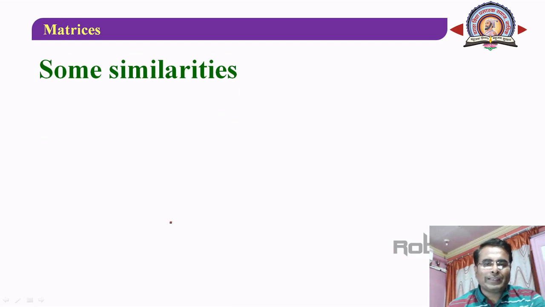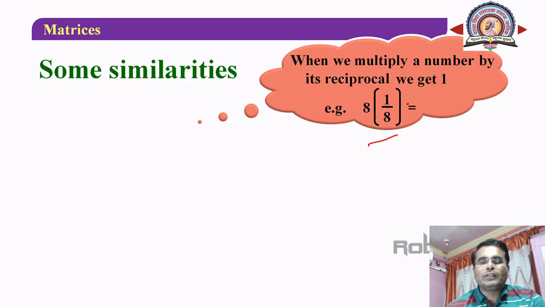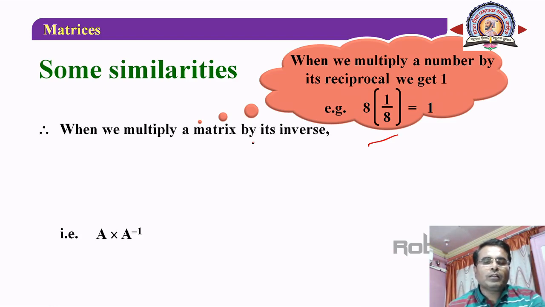Some similarities exist between reciprocal and inverse. When we multiply a number by its reciprocal, for example 8 into 1 by 8, we get 1. In a similar manner, if we consider the matrix A and its inverse, then also we get 1, but 1 from matrices, and that is nothing but the identity matrix.